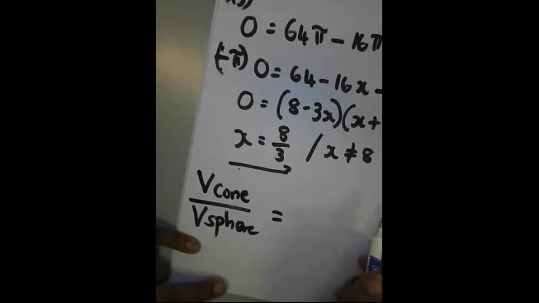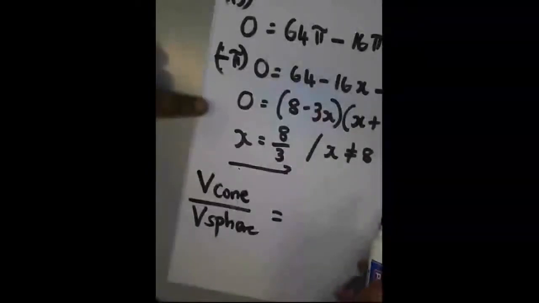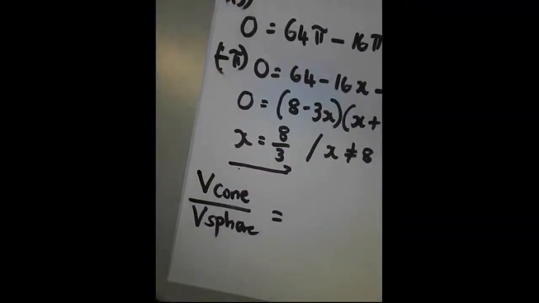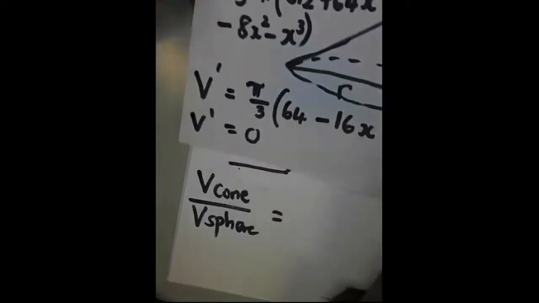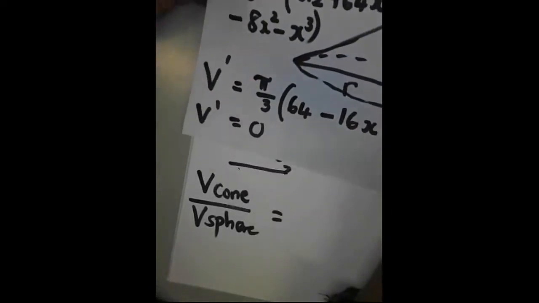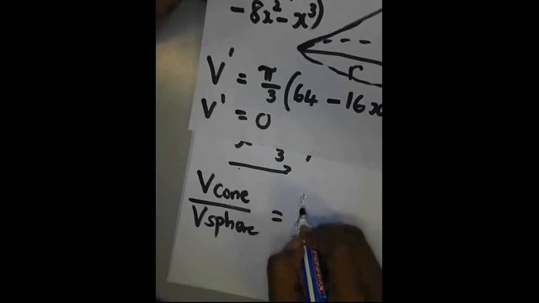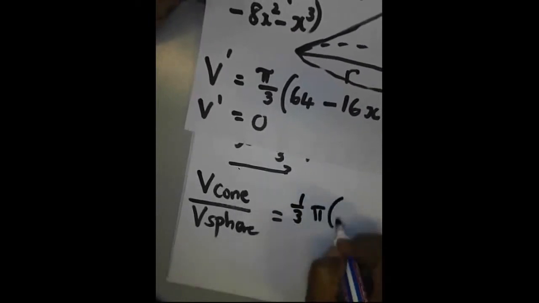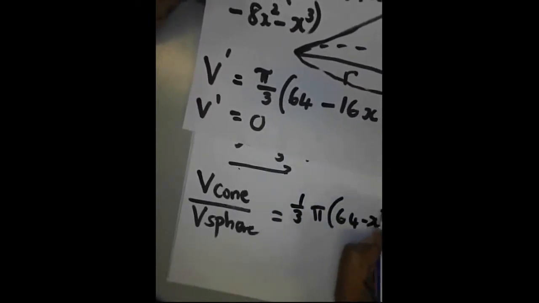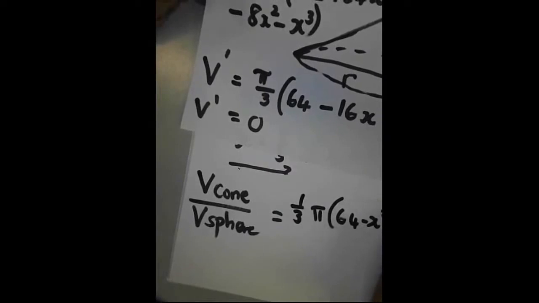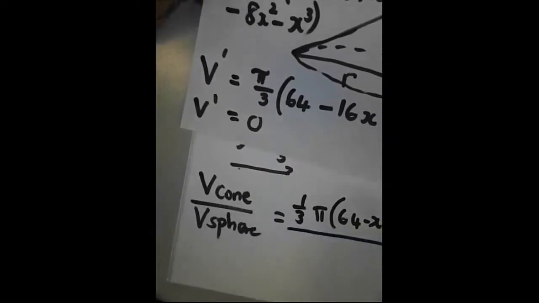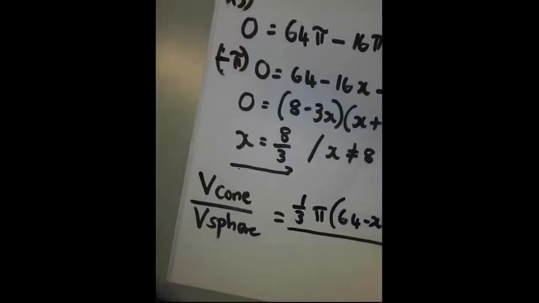Here we go with the volume of a cone. It was 1/3 pi times 64 minus x squared times 8 plus x. That was the volume of my cone divided by the volume of my sphere.